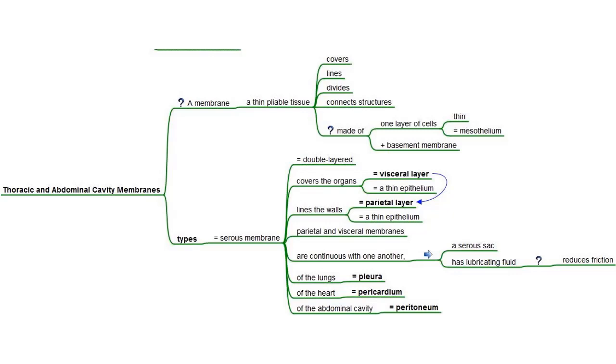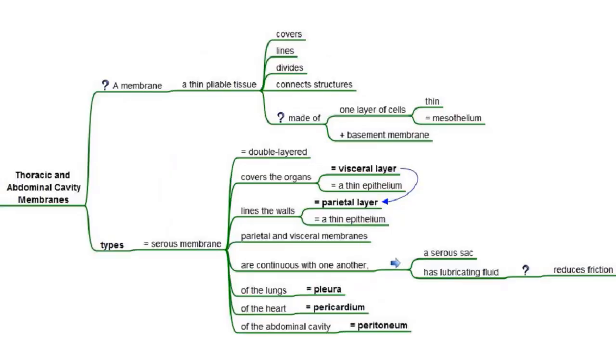Parietal and visceral membranes, they meet, they are continuous with one another, okay, and they create a serous sac, which has a little amount of fluid. Serous membrane of the lungs is the pleura, of the heart is pericardium, and of the abdominal cavity is the peritoneum.